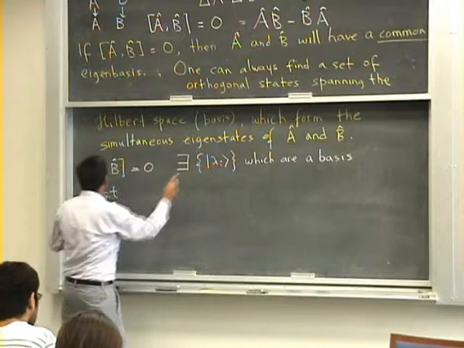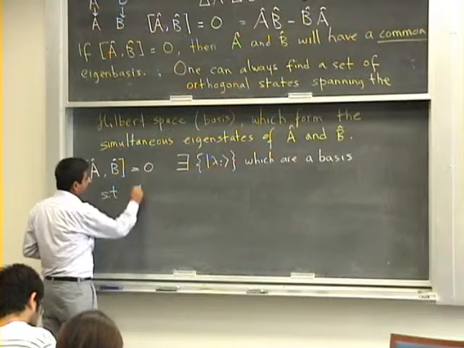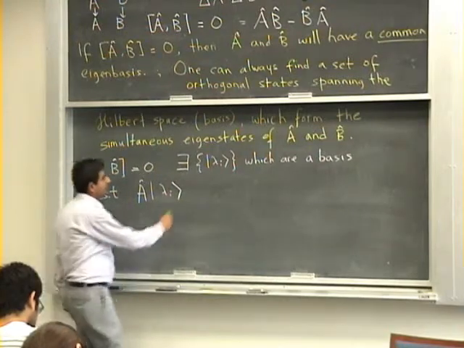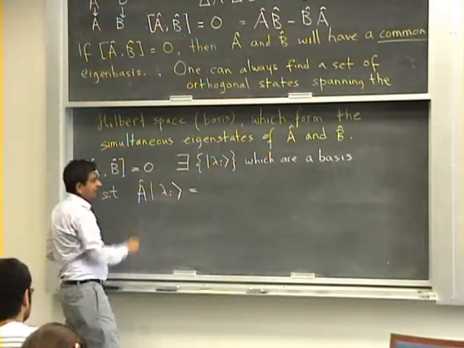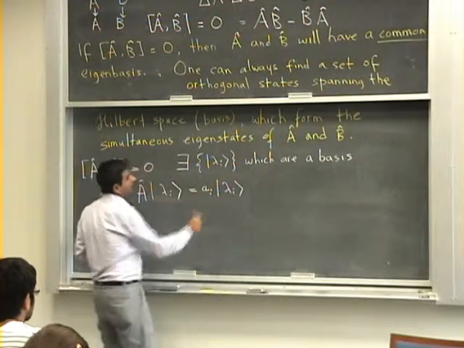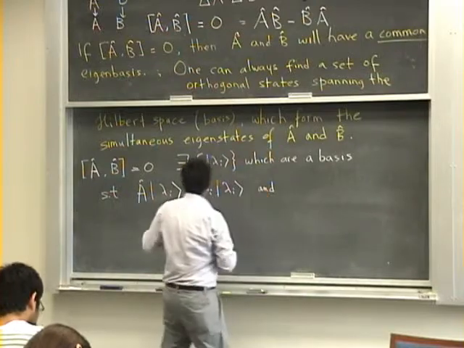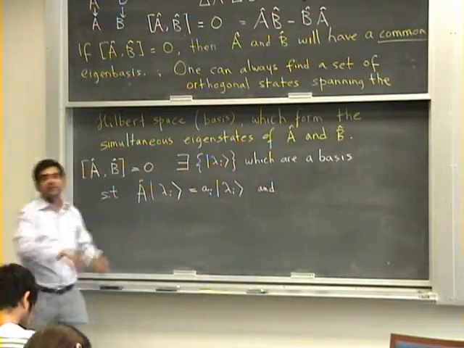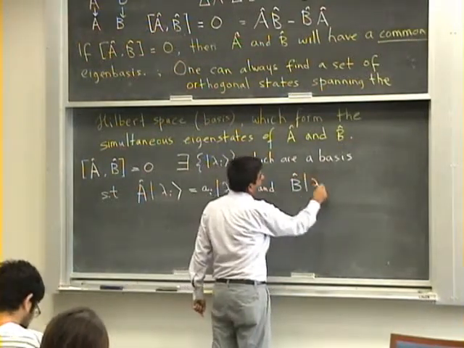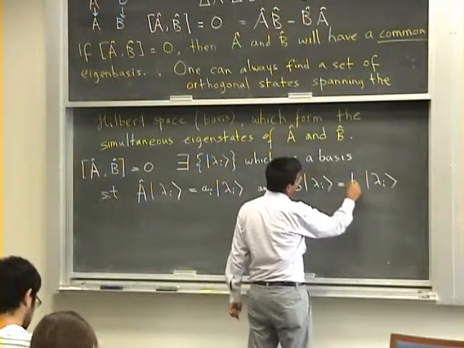these states are eigenstates of both A and B, which means that if the A operator acts on any of these states, then this state is an eigenstate of A. So the output is still lambda i with some eigenvalue a i, and simultaneously this set of states are also eigenstates of the operator B. That is, B acts on these states, recovering the same states with some eigenvalue b i.